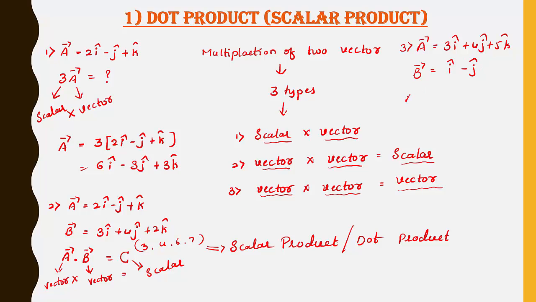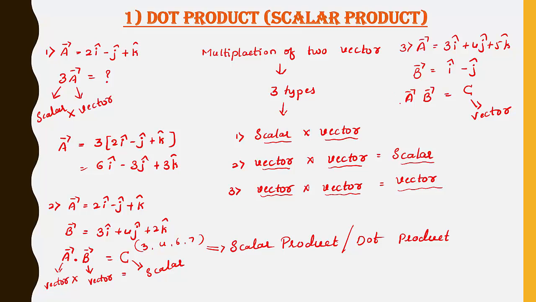So here I am going to multiply vector A and vector B. After multiplication, whatever answer we get should be a vector quantity. Let us take it as C. C is our result, right?